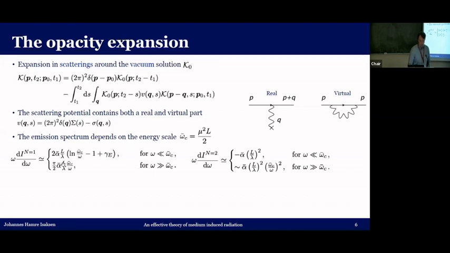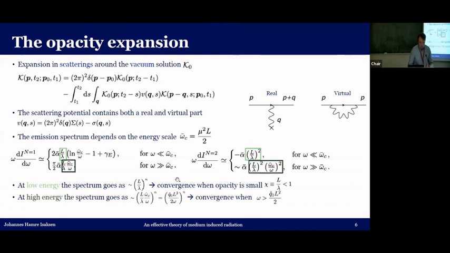As you can see here, these are the soft and hard limits. At low energy, the spectrum goes as L over lambda, where L is the medium length and lambda is the mean free path. So you expect this to converge only when this is small, because here you have L over lambda to the first, and here you have L over lambda to the second. If L is bigger than lambda, then this grows, and you don't expect convergence.